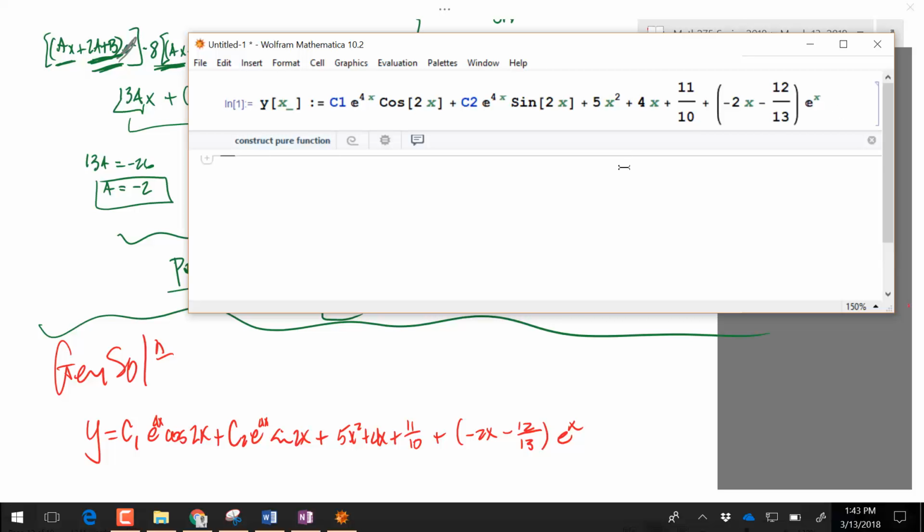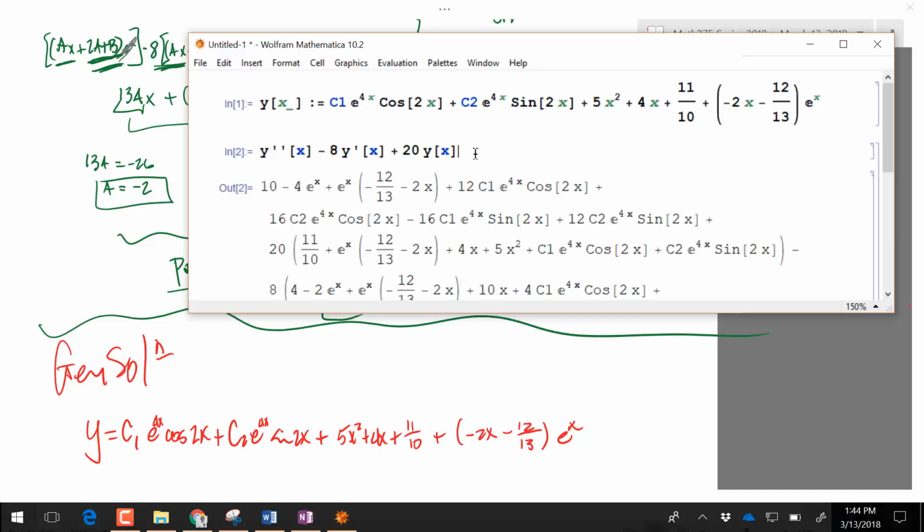So what do we want? We want y double prime, minus 8 times y prime, plus 20 times y of x.